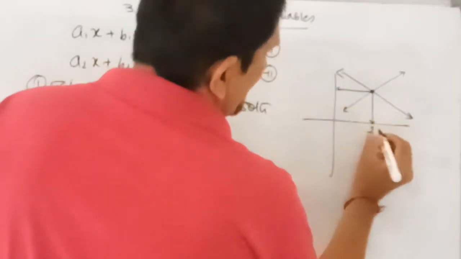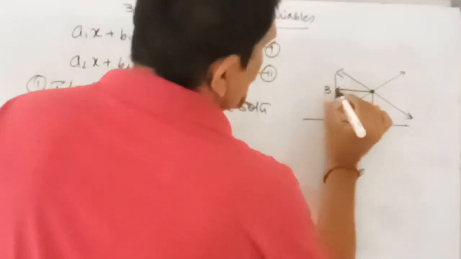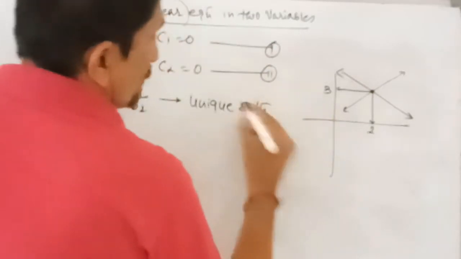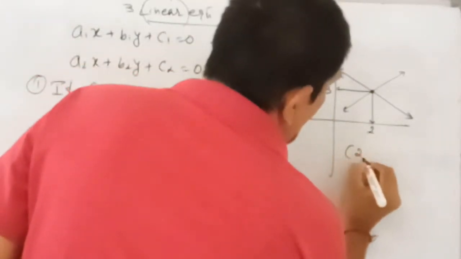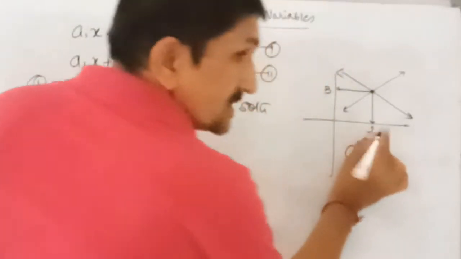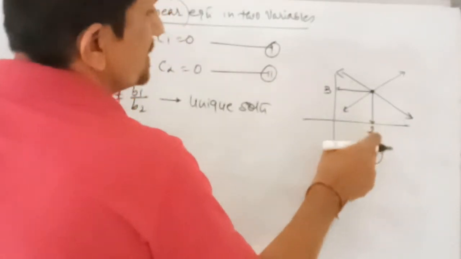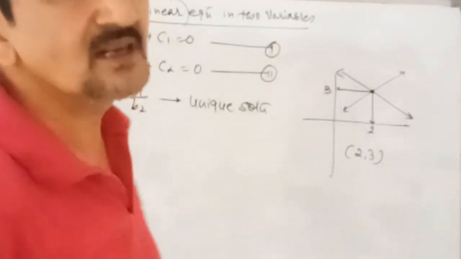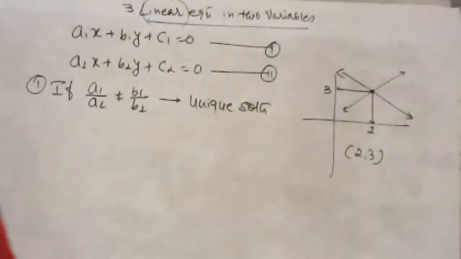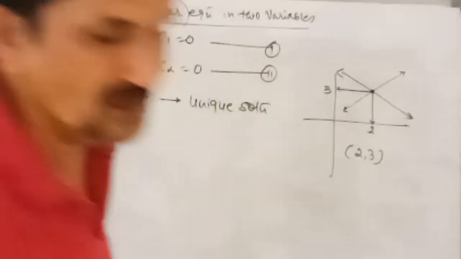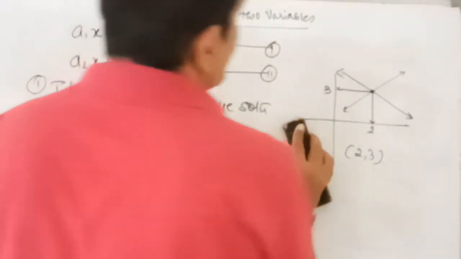On the x-axis maybe we can say this is 2 and on the y-axis this is 3. So the solution of these two equations will be 2 and 3. X first we are writing and y second we are writing. So this is the solution. So this is considered as a unique solution. That means the lines are intersecting each other. Okay?